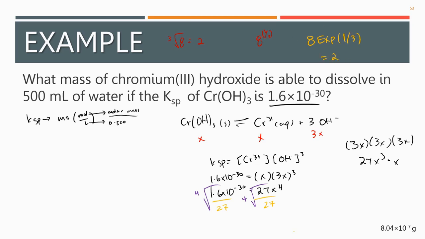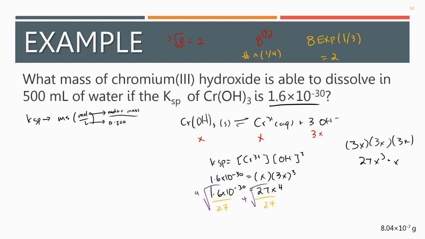Okay, so in this case here, if you divide it by 27 and you got some number, you could take whatever that number is and put it to the power of 1 divided by 4. That's the same as having the 4th root. Okay, so I will not show you how to use your calculator on a quiz. You need to know how to use it before then. It's really important that you're proficient with it.